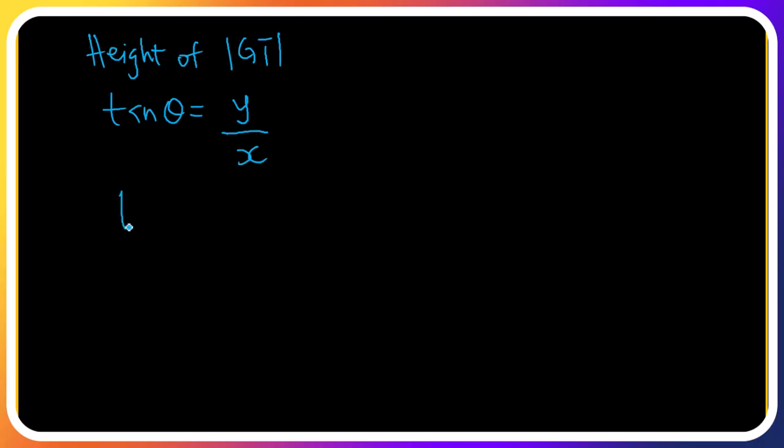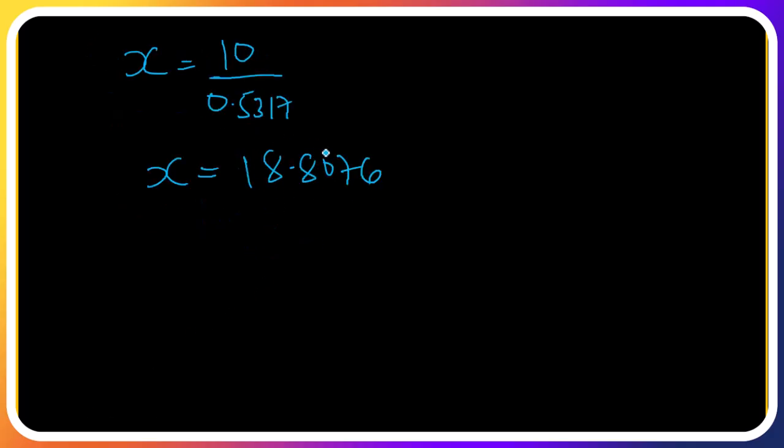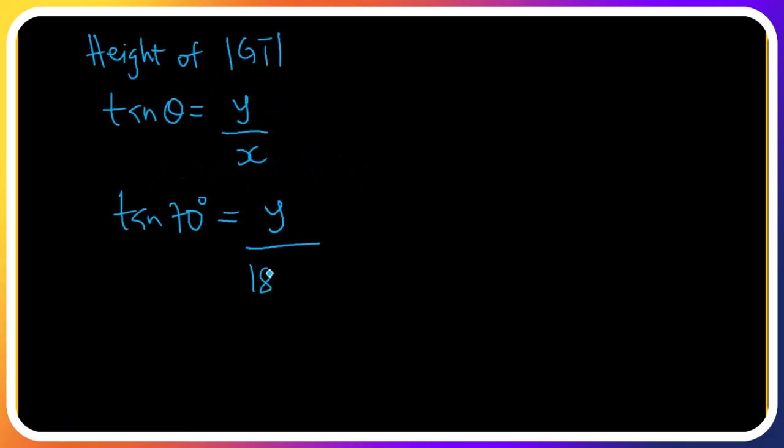Now tan 70 degrees equals y over x, and x has already been calculated as 18.8076. Simplifying, y equals 18.8076 times tan 70 degrees.